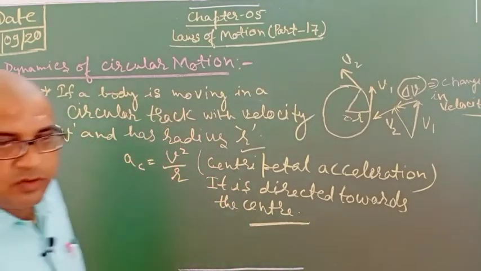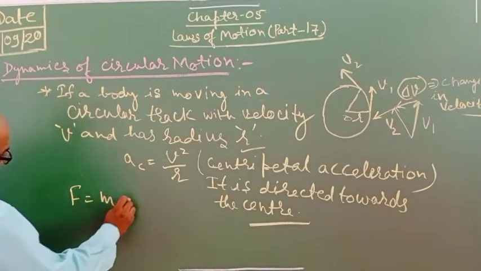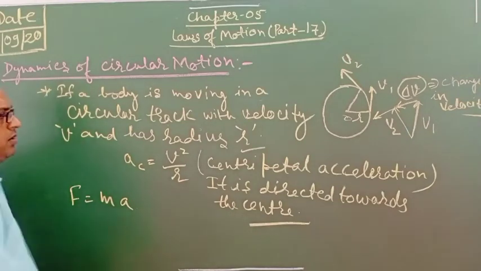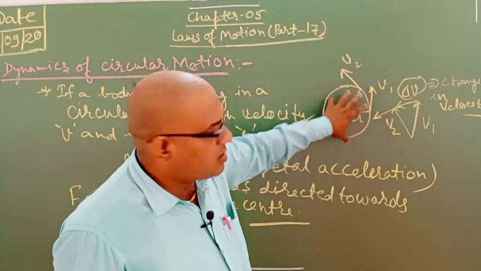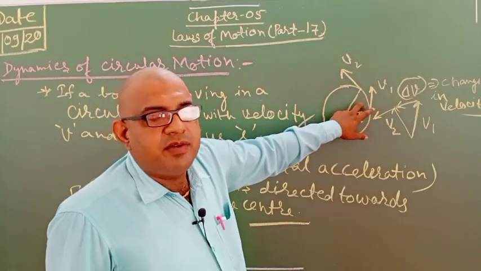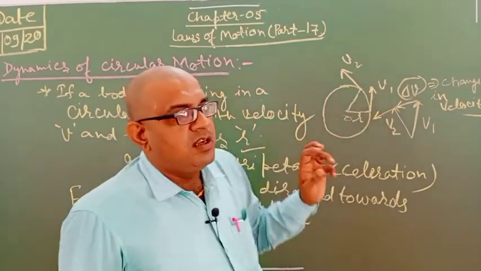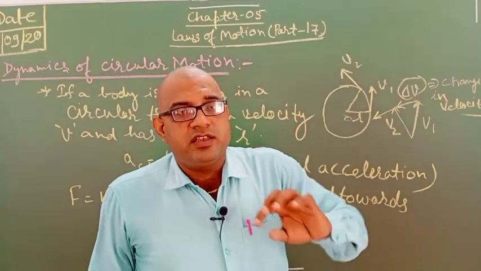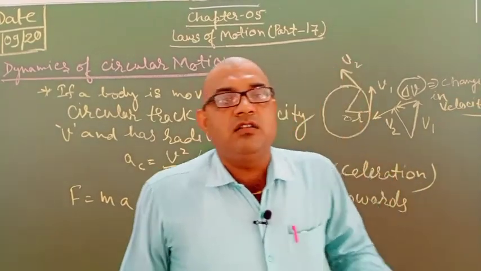But all of you know that by Newton's second law, F is equal to m into a. Here, look at this circular path. If the body is changing its velocity as the time increases, then for the change in velocity a certain force is required, or a certain force must be exerted on the given body.